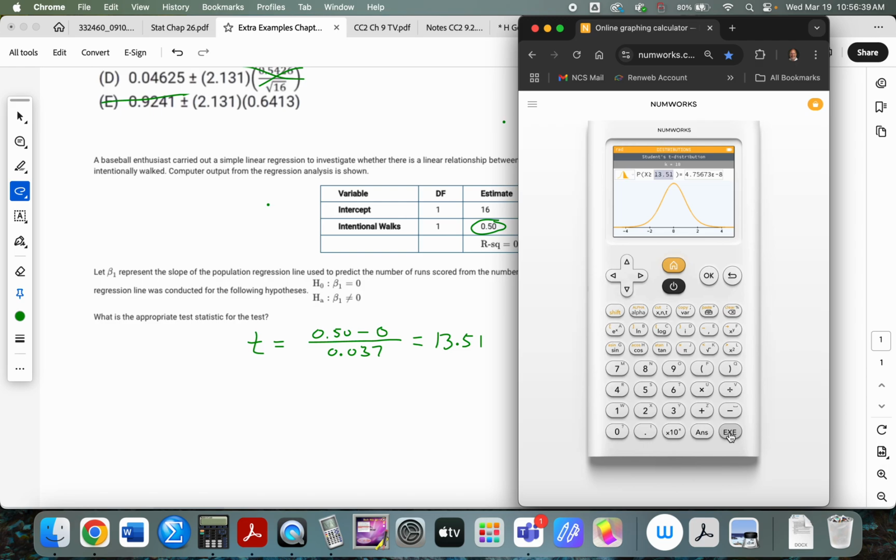Basically you have no chance. So it's always going to be x greater than or equal to our t-value, for student's t.